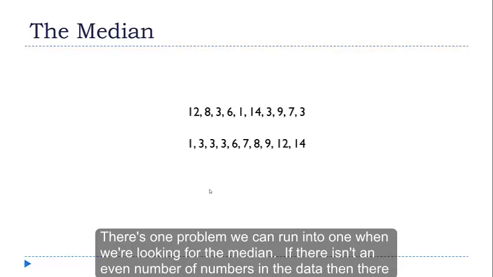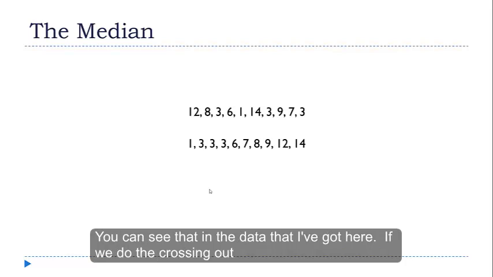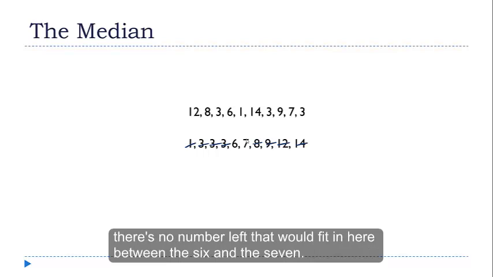Now, there's one problem we can run into when we're looking for the median. If there isn't an odd number of numbers in the data, then there isn't going to be a number in the middle, like the 6 in the previous example. You can see that in the data that I've got here. If we do the crossing out that I did in the previous example, when we get to the middle, there's no number left.